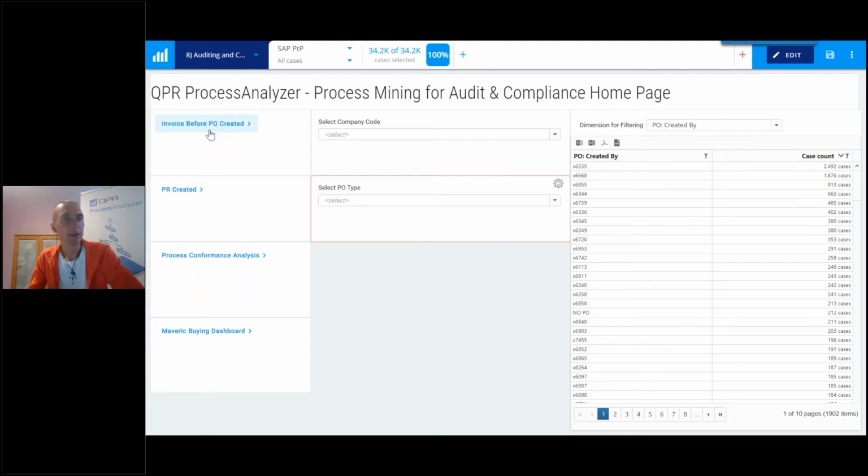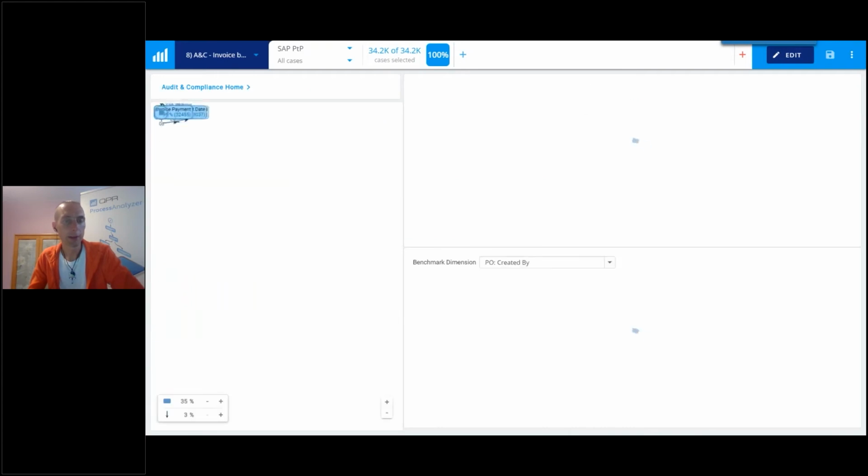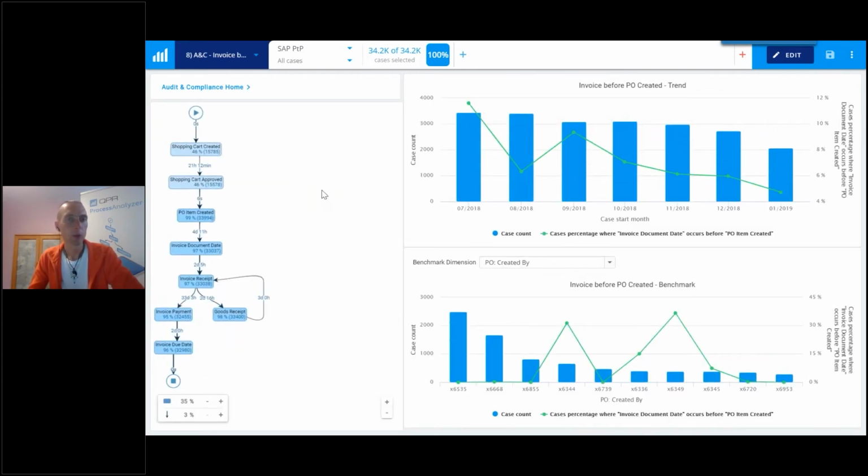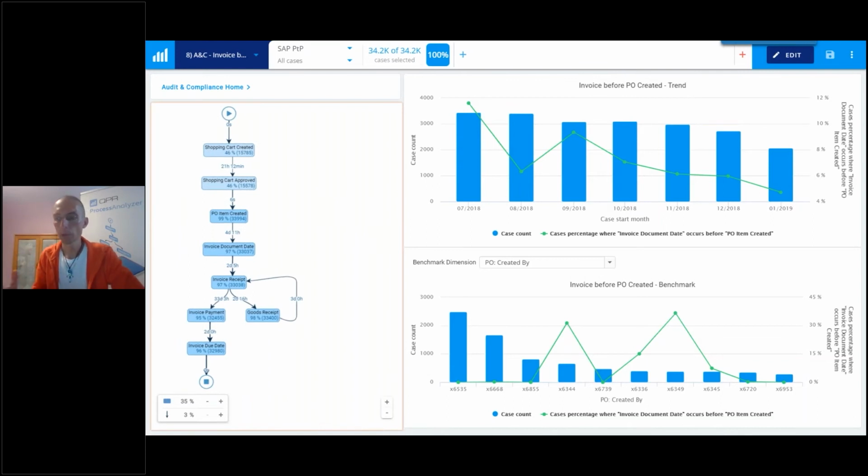So let's see, invoice before PO created. This is the method we were looking at in this ad hoc process mining environment. Now we are looking at the same information with a pre-created dashboard. So here we have a trend for the invoice before PO created. We see that the percentage is currently going down from 10% to something like 5%. And then we can have a benchmark.